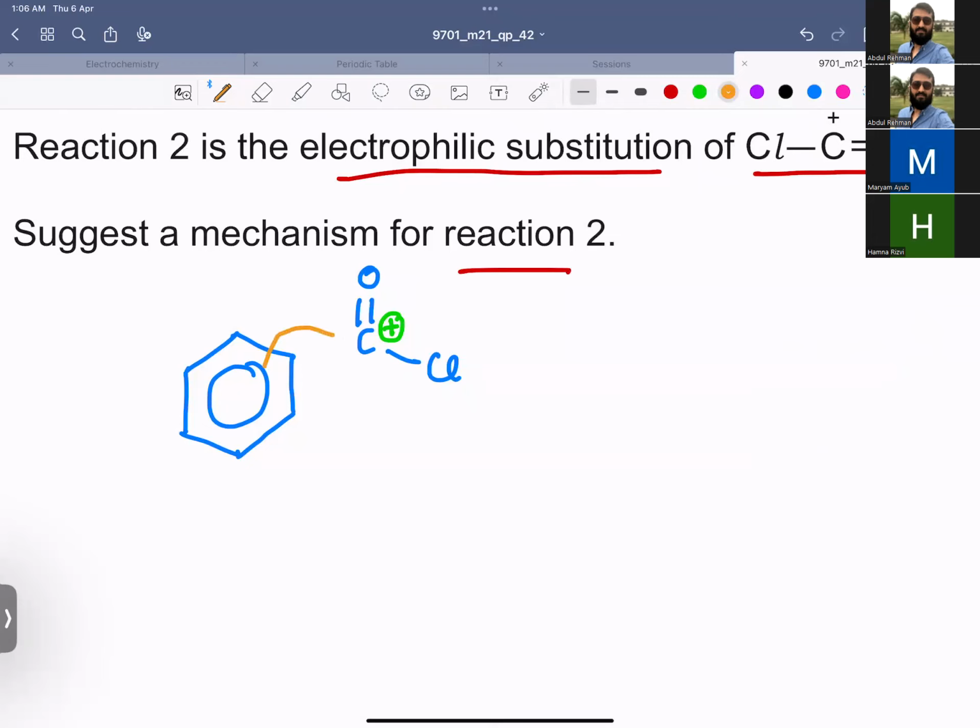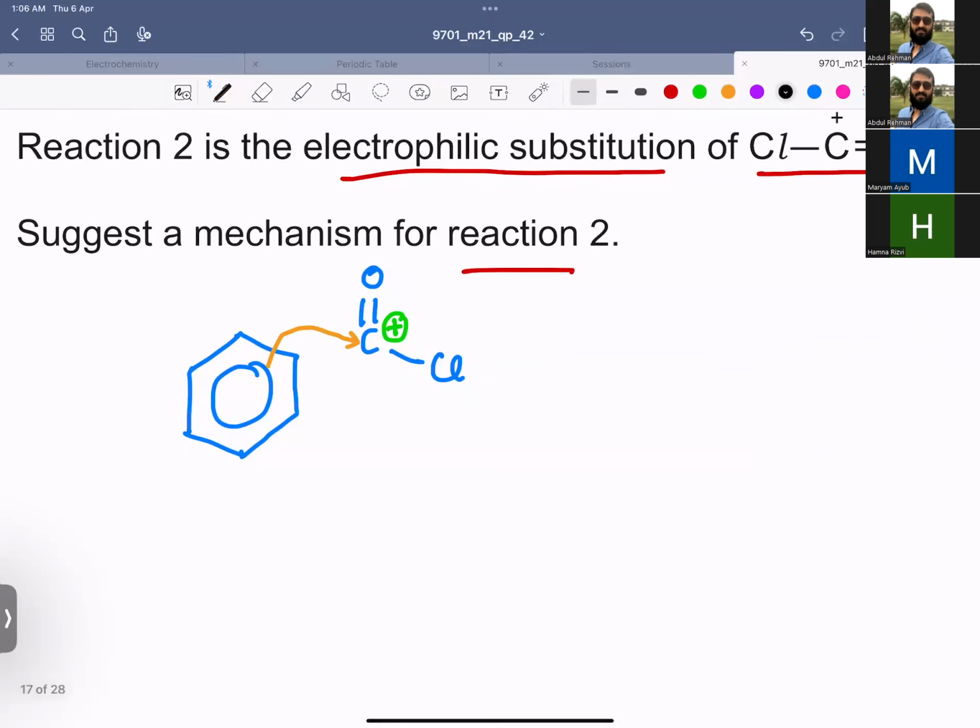From this pi bond system, there is an attack on this positively charged carbon. We show that attack by a curly arrow. And as a result, we get an intermediate. In that intermediate, one carbon of benzene is bonded to this group. And that carbon still has a hydrogen. Each carbon has a hydrogen in benzene.